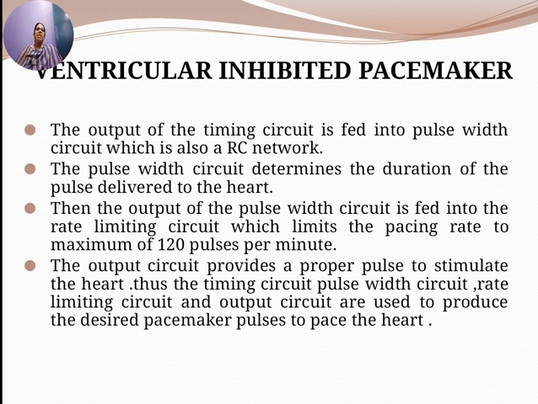Then the output of the pulse width circuit is fed to the rate limiting circuit, which limits the pacing rate to a maximum of 120 pulses per minute. The output circuit provides a proper pulse to stimulate the heart. Thus, the timing circuit, pulse width circuit, rate limiting circuit and output circuit are used to produce the desired pacemaker pulses to pace the heart.